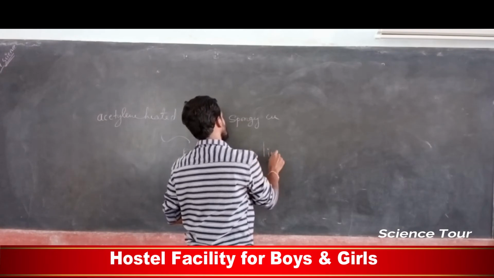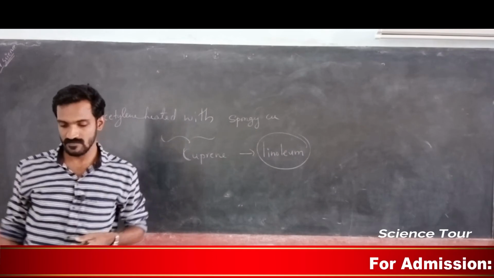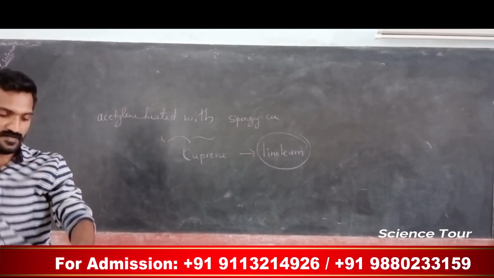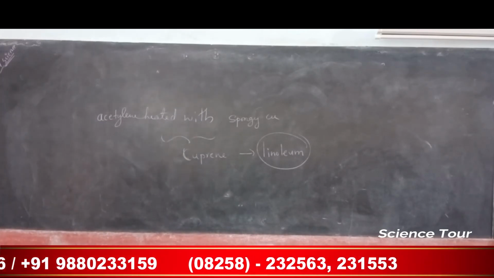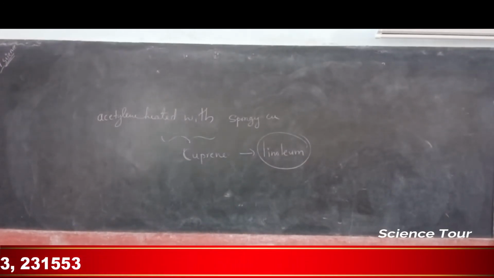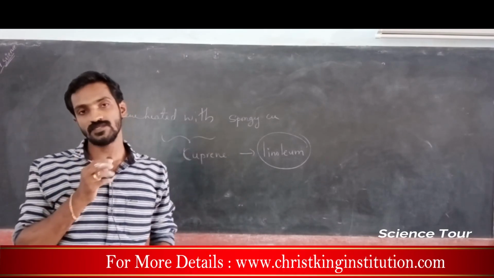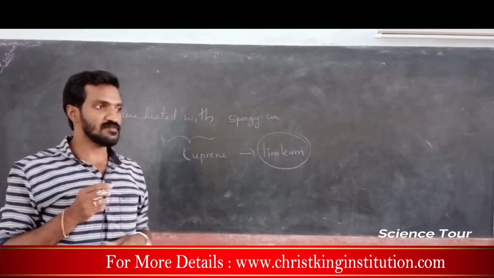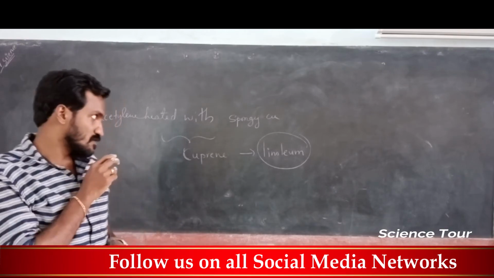From cuprene, linoleum is produced. Note down, my dear students. So what is linoleum? It is floor covering, understood? Floor covering, mat type, it is common nowadays. So it is called linoleum. Okay, note down, my dear students.